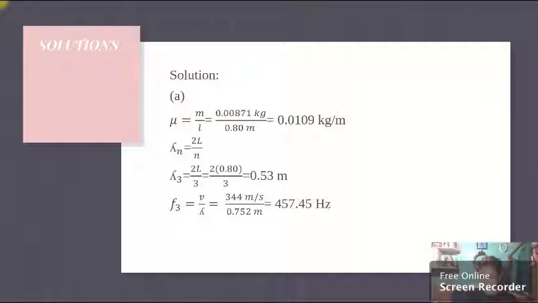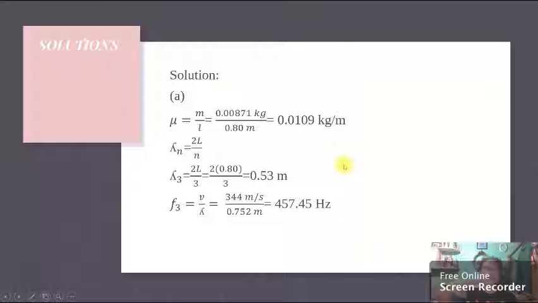Since we're asked to look for the third harmonic, we're just going to use 3. So we have lambda 3 is equal to 2L over 3, where L is the length, and we have its value also. Then plug it in and perform the indicated operations, and we're going to arrive at an answer of 0.53 meters.